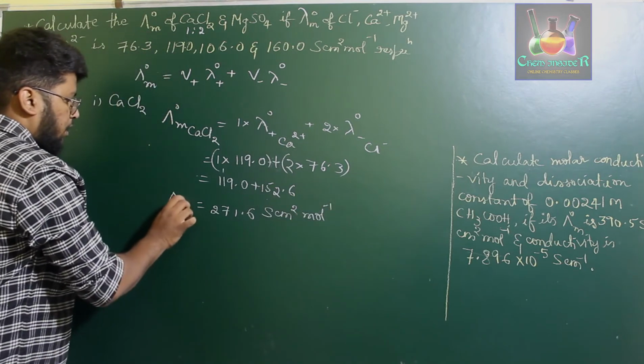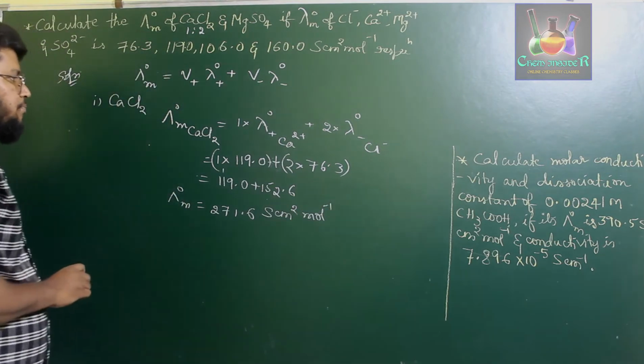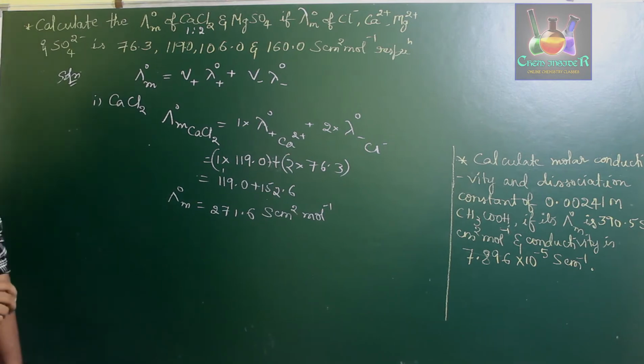So the limiting molar conductivity of calcium chloride is 271.6 Siemens centimeter square per mole.